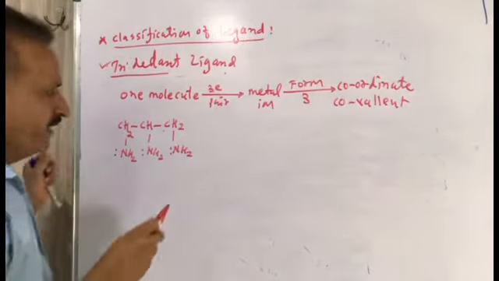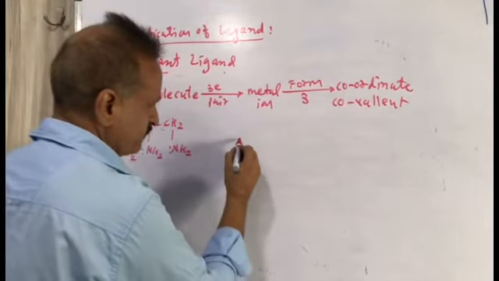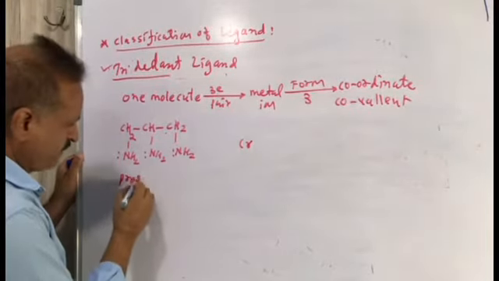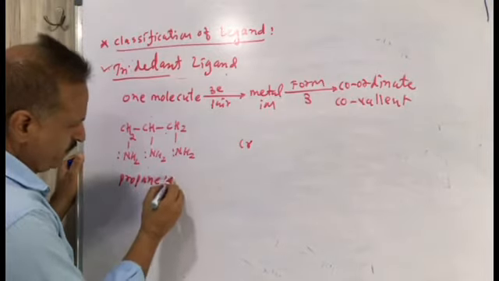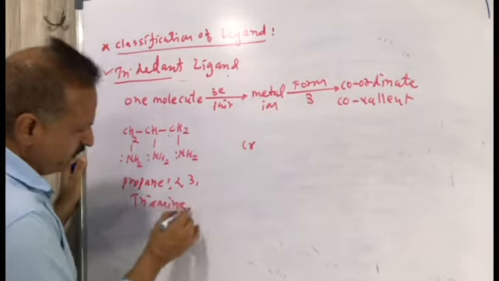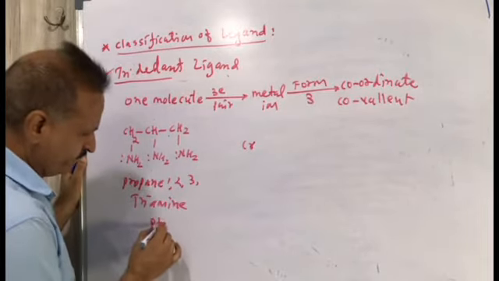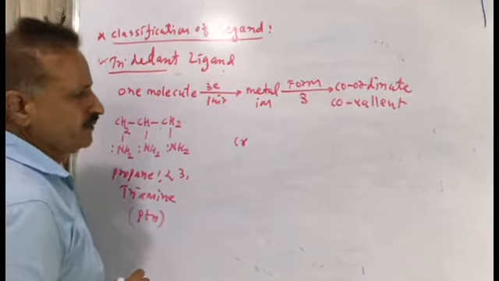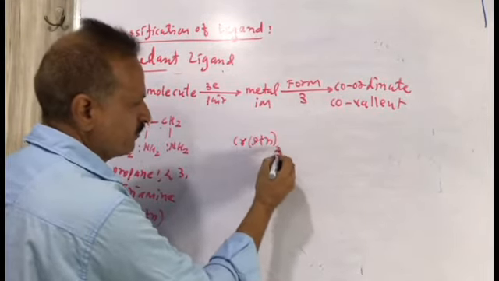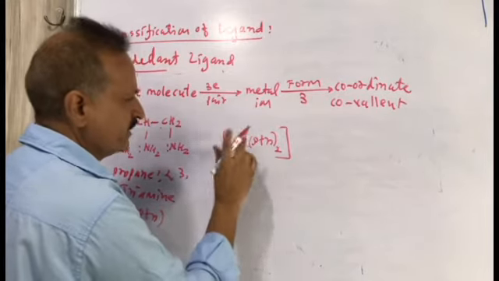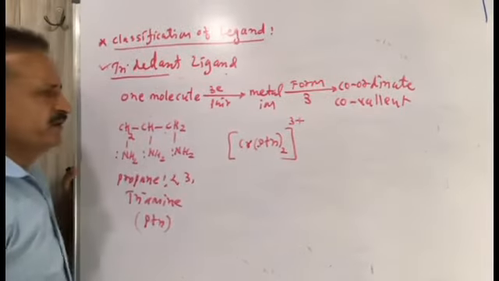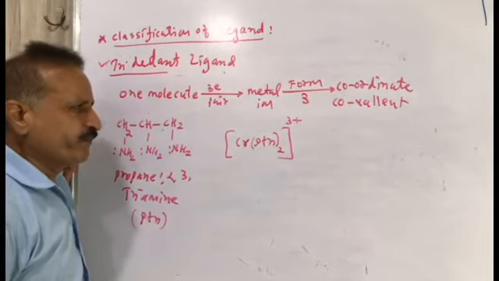Suppose we have Cr, and propane 1,2,3-triamine is known as ptn. So Cr(ptn) twice. Cr is 3 plus, ptn is neutral, so here will be 3 plus charge.